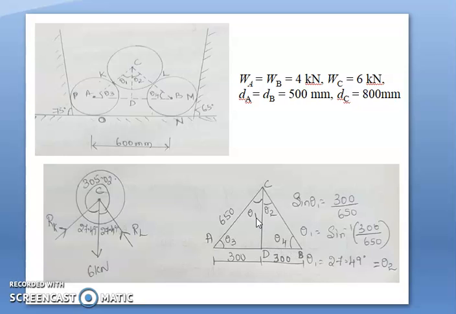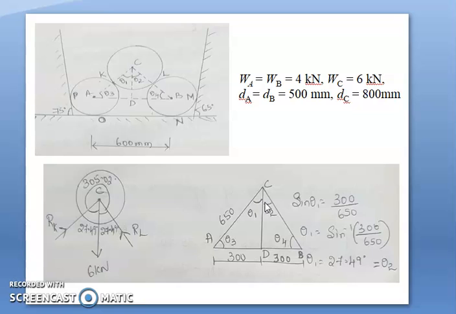To calculate theta 1 in the triangle ACD, sin theta 1 is equal to 300 mm, that is opposite side, divided by hypotenuse, 300 divided by 650. So theta 1 works out to be 27.49 degrees, which is equal to theta 2.